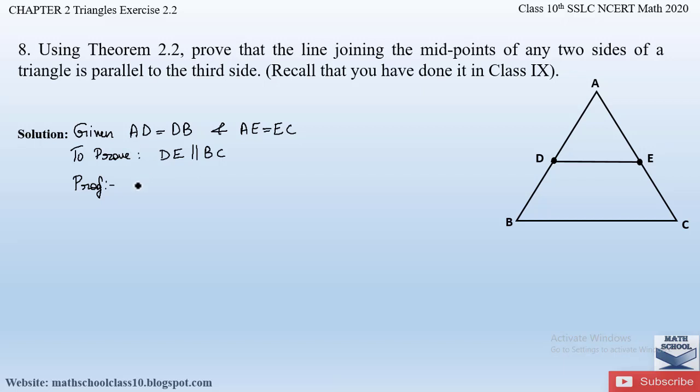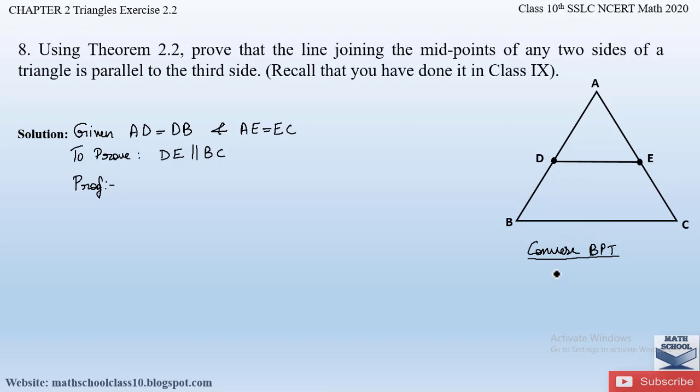Before going to the proof, let me explain the converse of the basic proportionality theorem once. According to the statement of the converse of the basic proportionality theorem, if a line divides any two sides of a triangle in the same ratio, then the line is parallel to the third side.